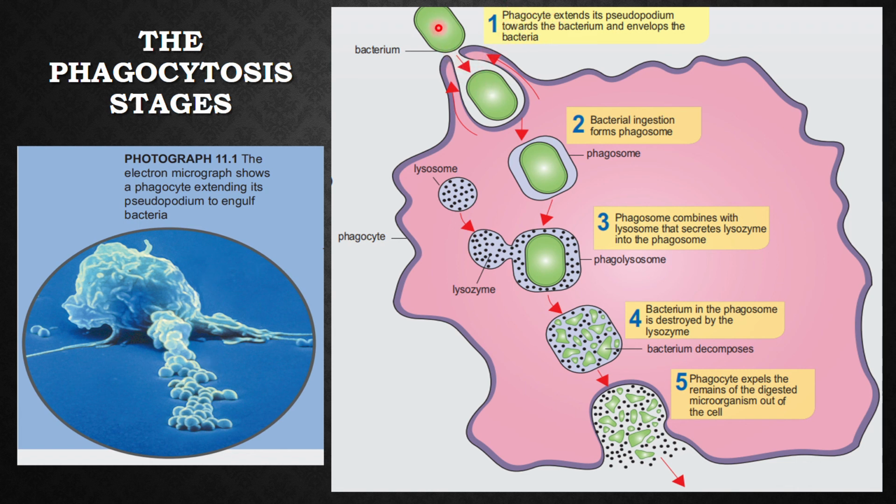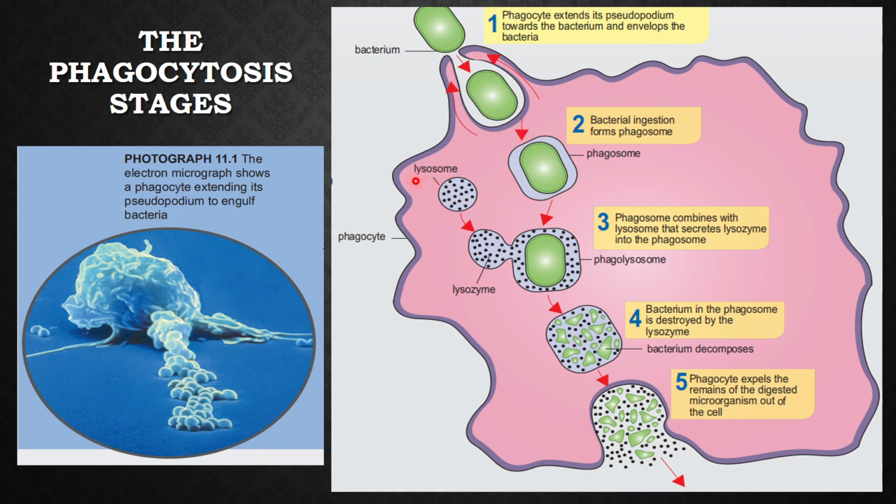So you get to see that this is the pathogen, this is the bad bacterium, and this is the phagocyte with the pseudopodium, right? It is surrounding the bacterium. So the bacterial ingestion forms the phagosome. Okay, after it ingested this bacterium, this is called the phagosome. Now it is bound in a compartment like this.